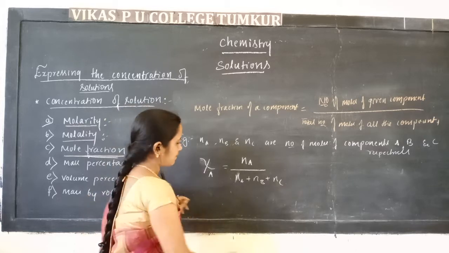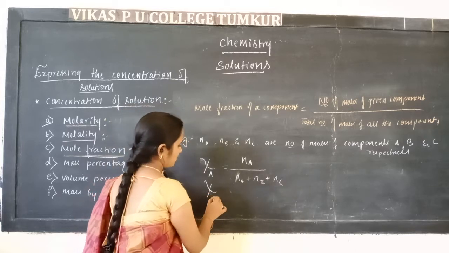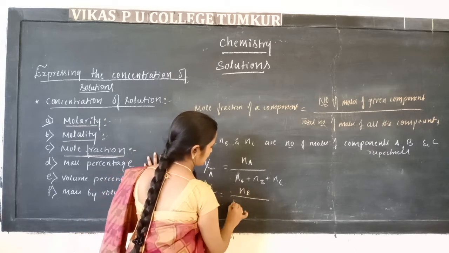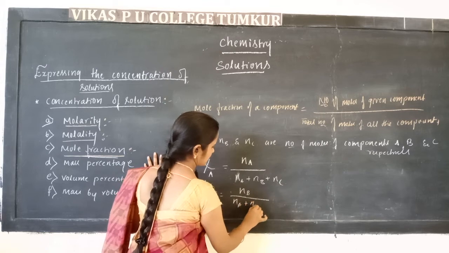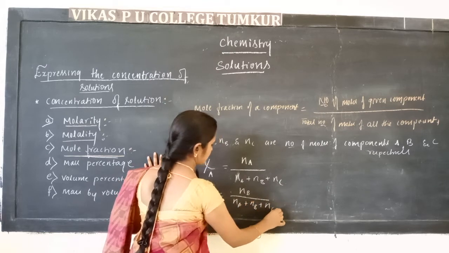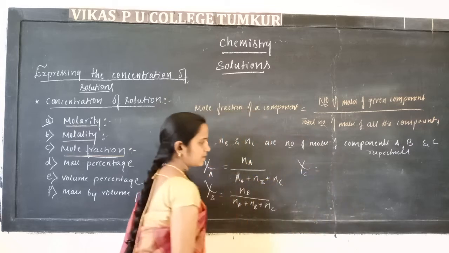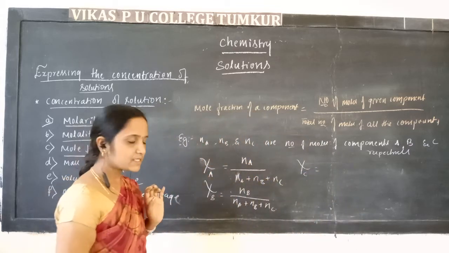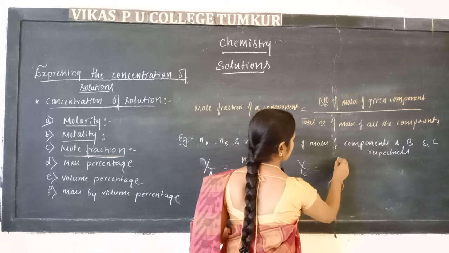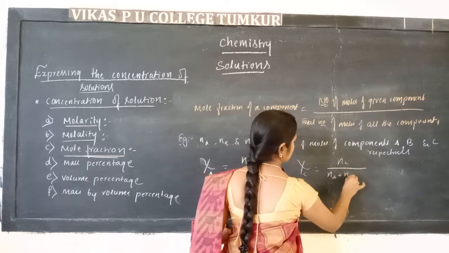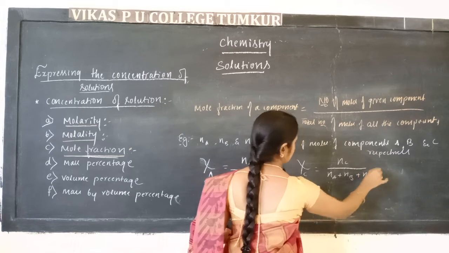Like that, the mole fraction of the component B is Nb divided by Na plus Nb plus Nc. And chi C, the mole fraction of the component C, is Nc divided by Na plus Nb plus Nc.